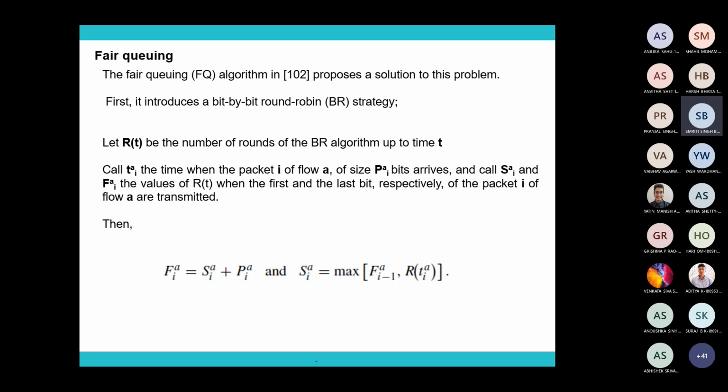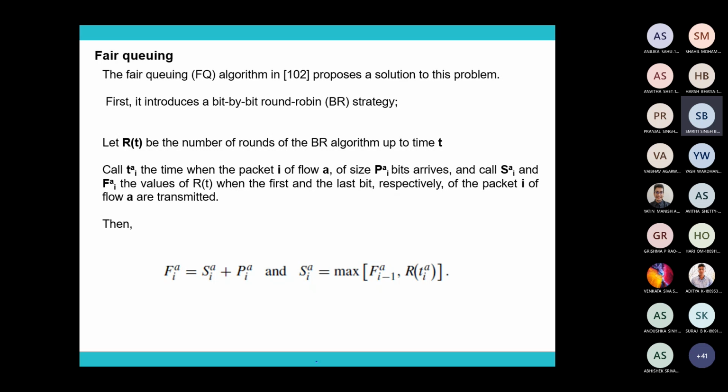Next, let's say one packet has already been dispatched. Then when will the second packet be dispatched from the same flow?